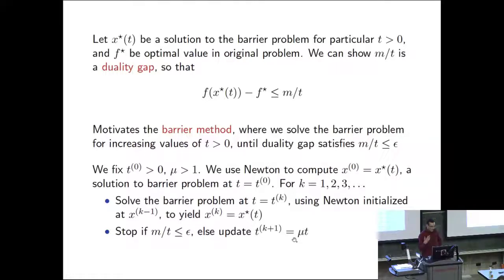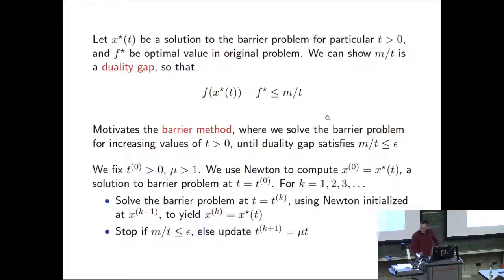So they give us essentially a duality gap of m over t. So if we were to solve this for any value of t, the difference between our original criterion f at the solution, which we called x star of t, and the optimal value f star in this problem was at most m over t. Something we proved last time.